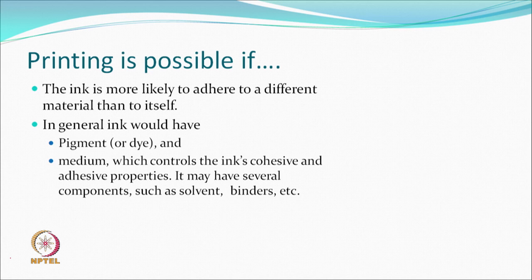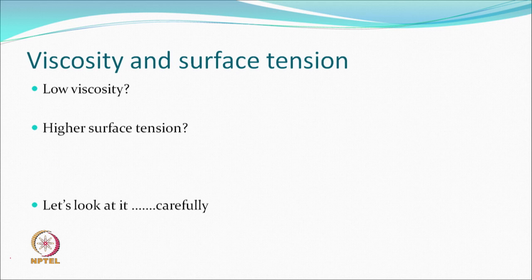It may have several components within this solution which is called the ink. It could be binders, it could be solvents and many other things which would change the flow behavior of the ink. In general, the viscosity and surface tension are going to play an important role.